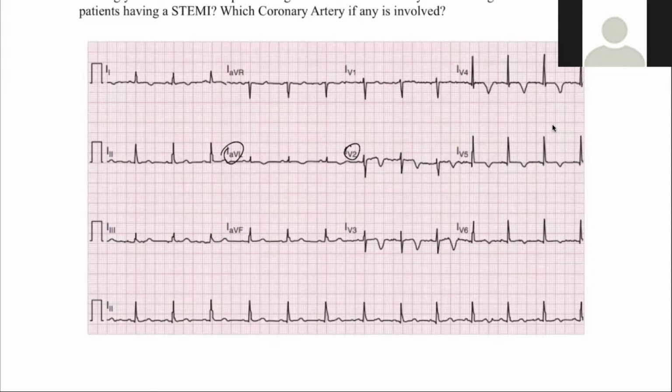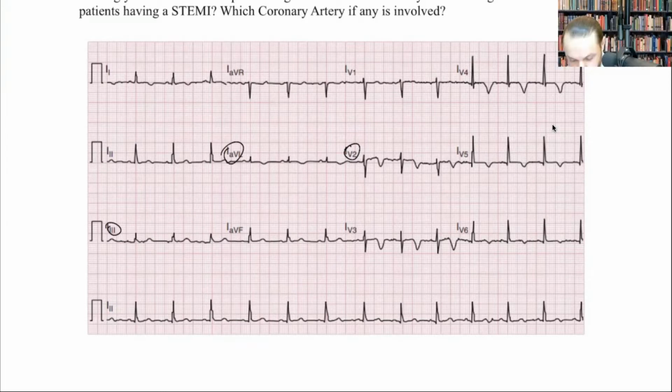And honestly, it's hard to tell in 3. It looks like a depression in 3. And it also looks like a depression in the 6-second 2-lead. Okay. It looks like there's a depression. I mean, it's hard to see from my end.